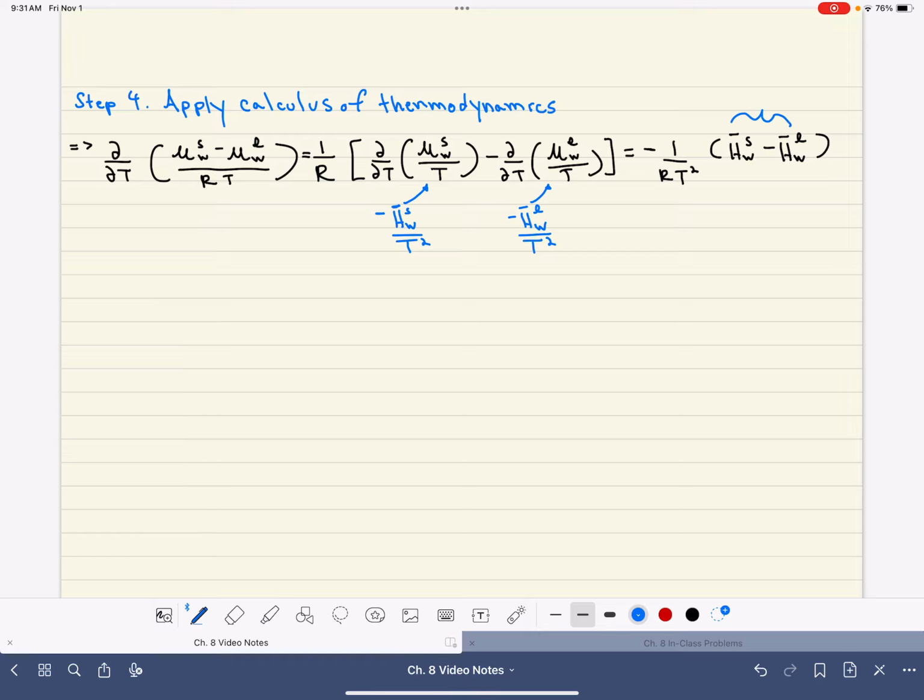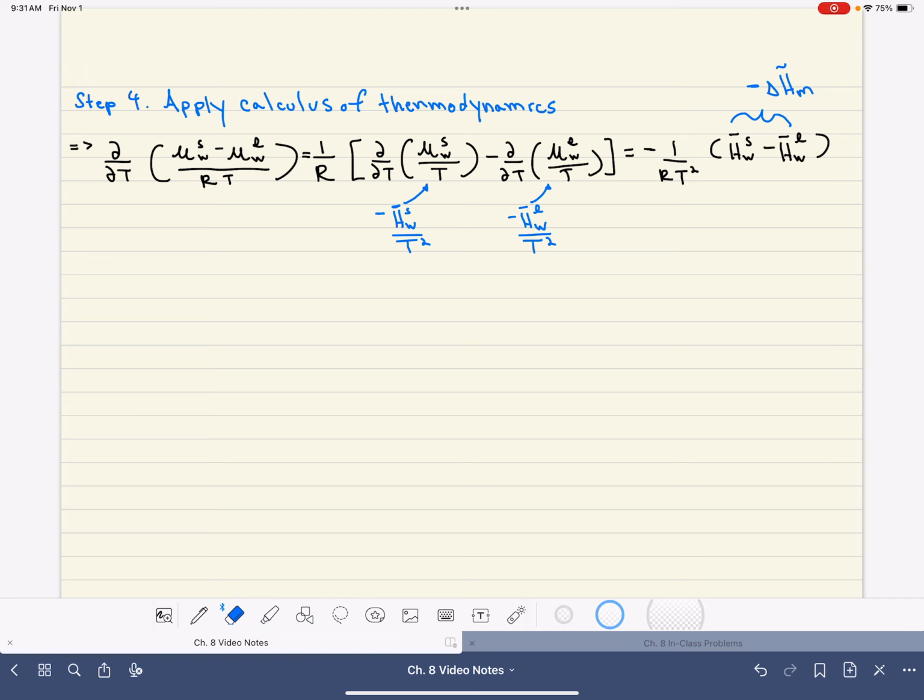And you may recognize that what this is describing is essentially the enthalpy of melting, though it's the negative version of that, right? Because here we're looking at the difference between the enthalpy in one phase to another, right?